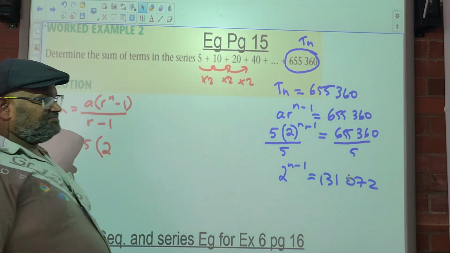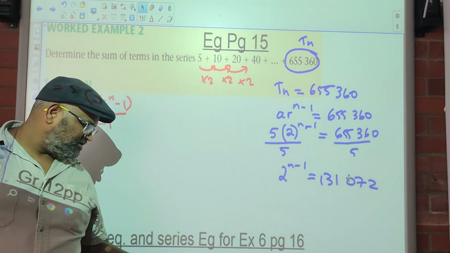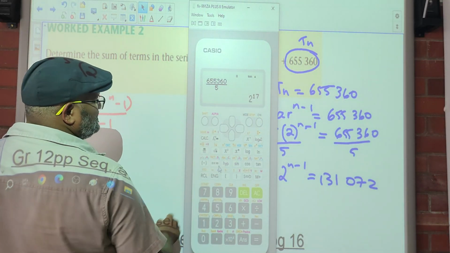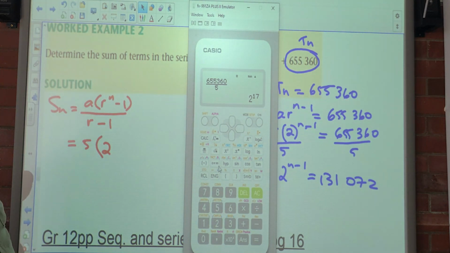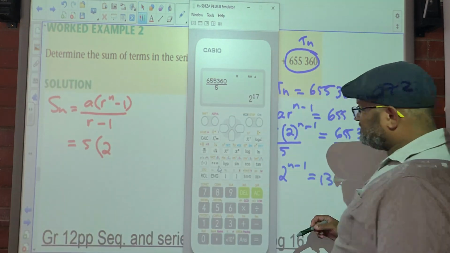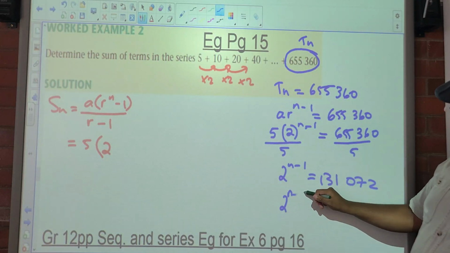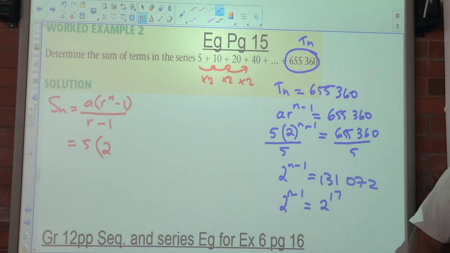So what do I do now? Make the bases the same for the exponents to be equal. So that must be 2 to some exponent. It's actually 2 to the 17. So 2 to the n minus 1 is equal to 2 to the 17. Now what? The bases are the same, the exponents are equal.